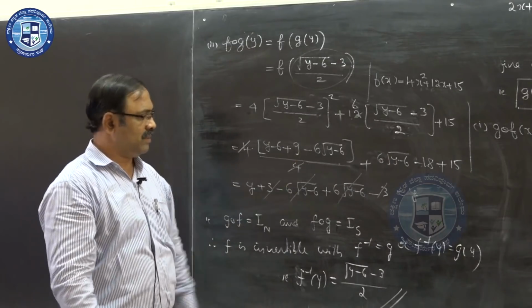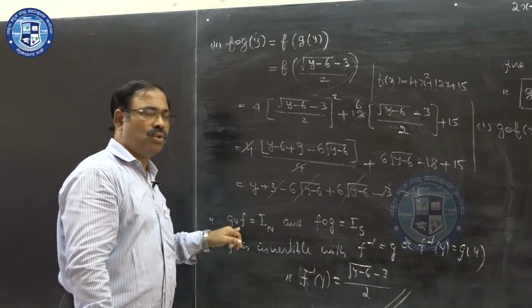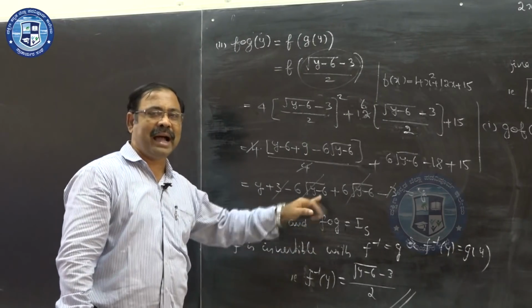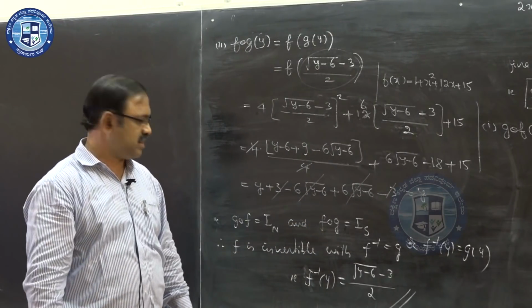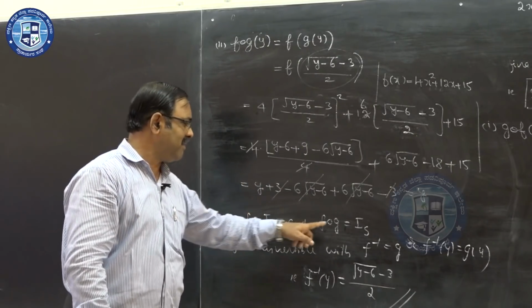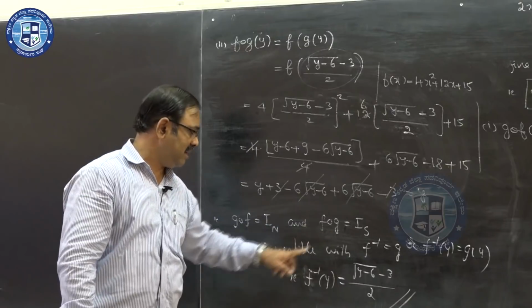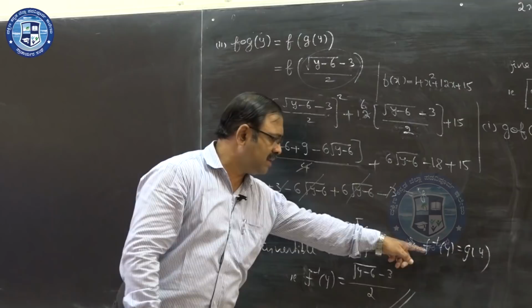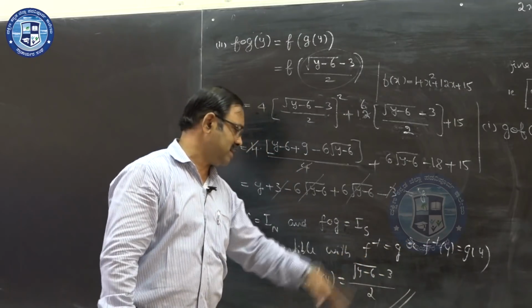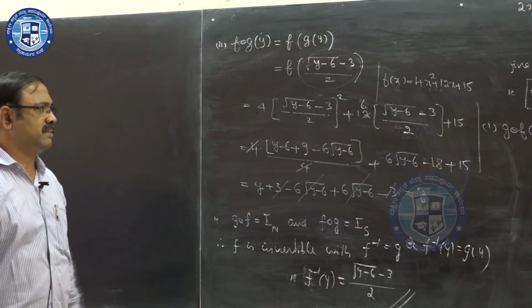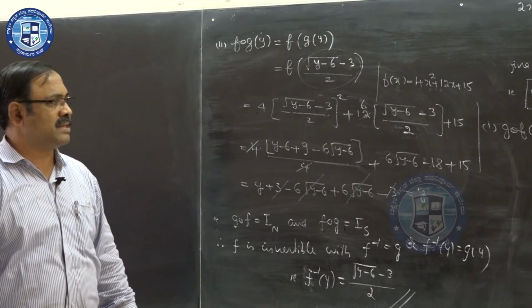You find both, proving that g composite f and f composite g are identity in the respective sets. Then by definition, f is invertible with g equal to f inverse. Finally, we can write the inverse of the function. Hope you have followed this.